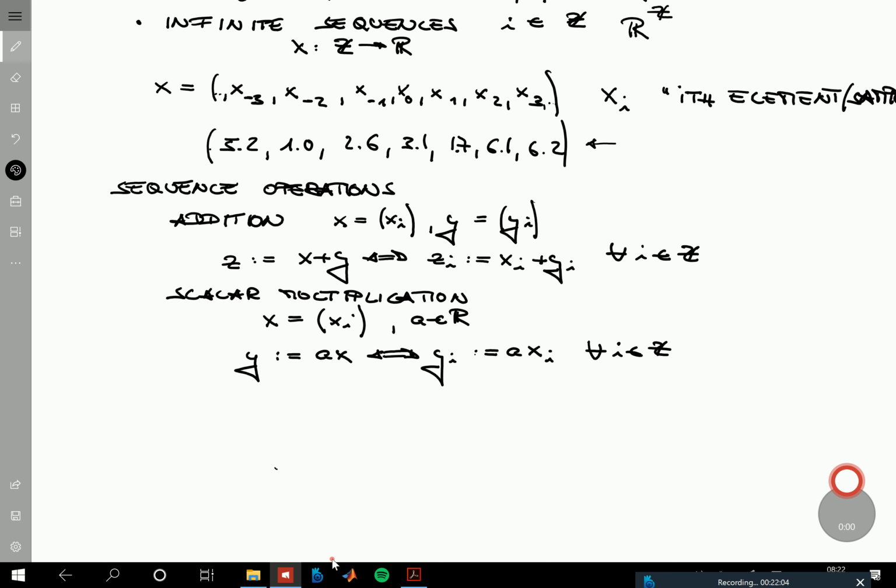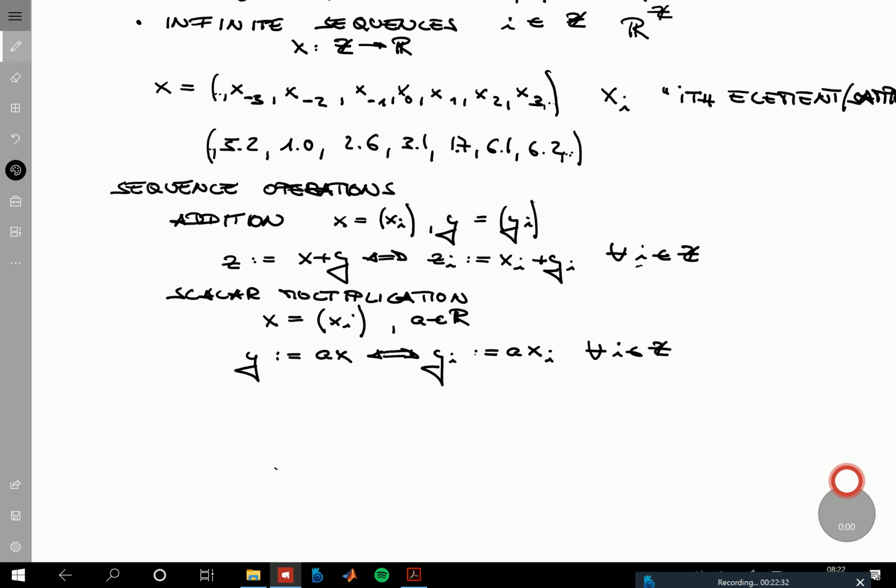And if we now talk about multiplying this by some scalar, so for example by 2, so if you said a equals 2, then we would have 0, 0, 0, 0, and then 2 times 5.2, 2 times 1.0, 2 times 2.6, and so on, and from here on then again all zeros. So that's scalar multiplication.